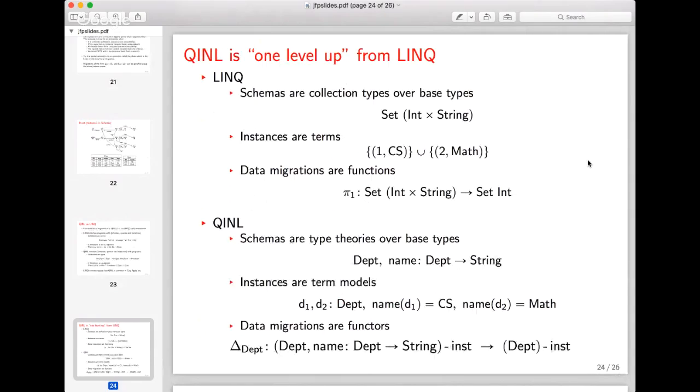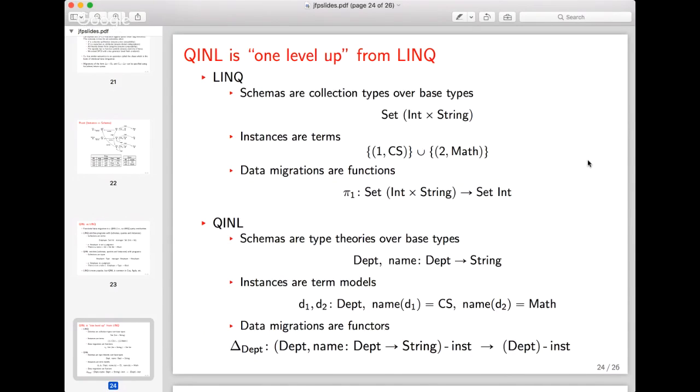Well, in LINQ, a schema is essentially a collection type over the base type. So for example, we can think of a table with two columns, an int and a string, as being a set of ordered pairs. And an instance then would just be a term that has that type. So here the term is 1 CS union 2 math.